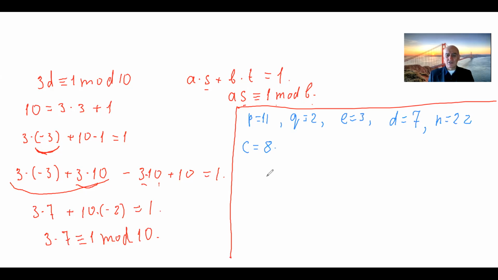And to decrypt this message, according to the RSA algorithm, our formula is that M equals C in the power D mod N. So in our case, M equals C, it's 8, 8 in the power 7 mod 22.